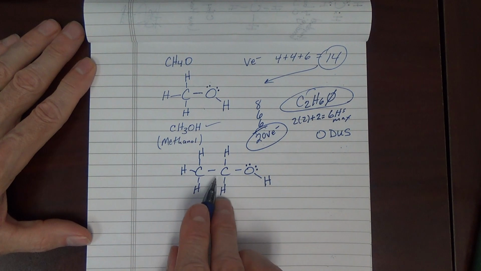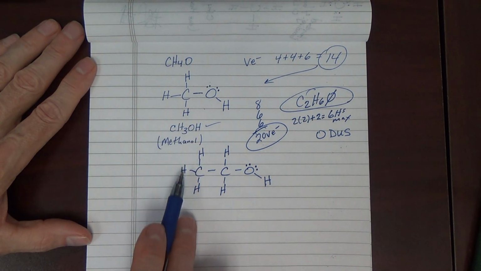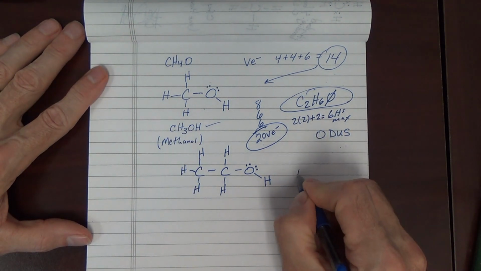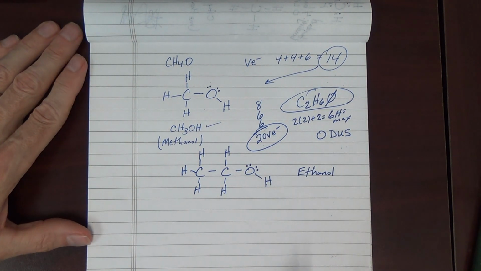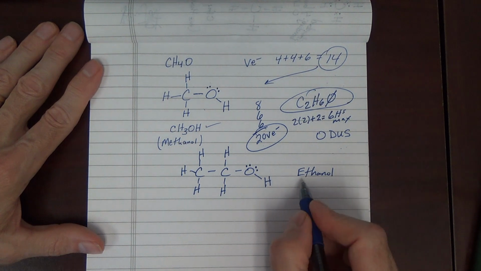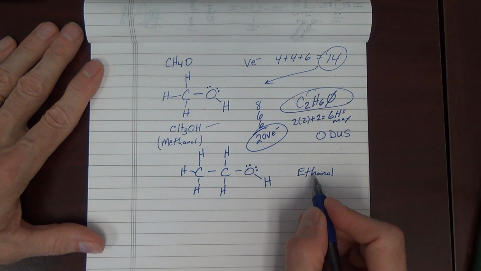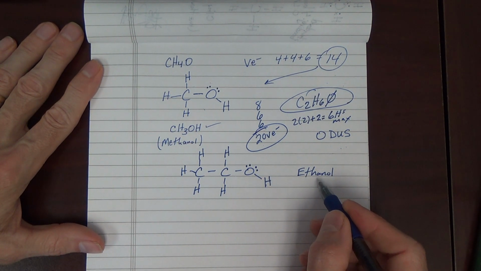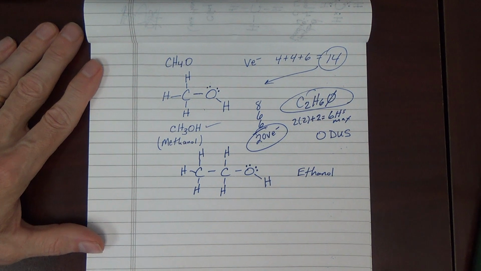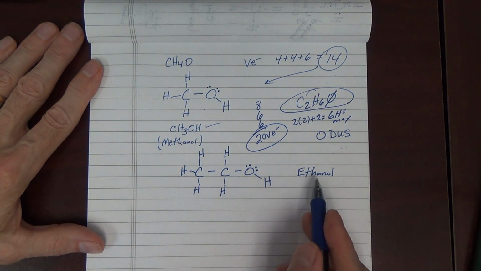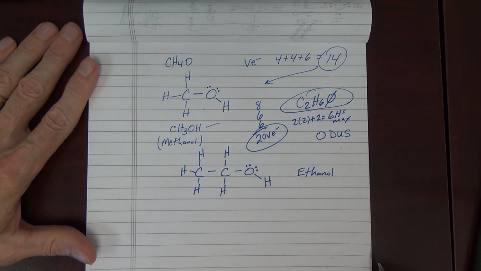This is a 2-carbon alcohol. Methanol is a 1-carbon alcohol; a 2-carbon alcohol is going to be known as ethanol. Because if you start learning your nomenclature, your prefixes would be meth, eth, prop, butyl, pentyl, hexyl, etc. 2-carbon alcohol, ethanol.